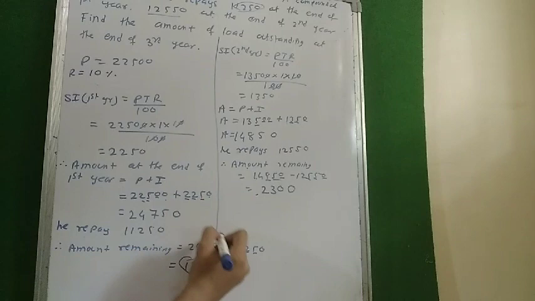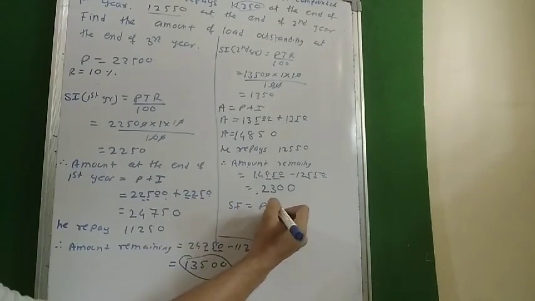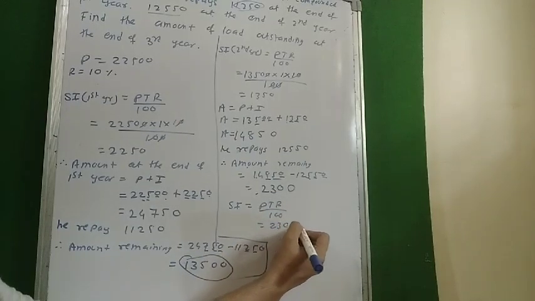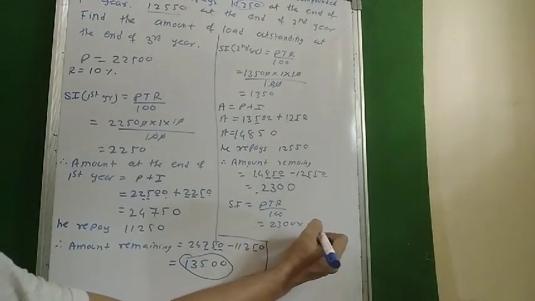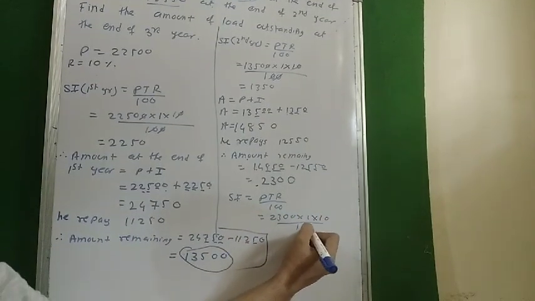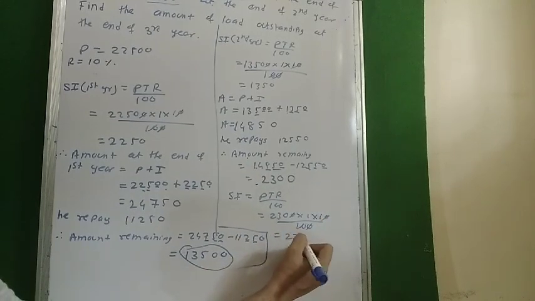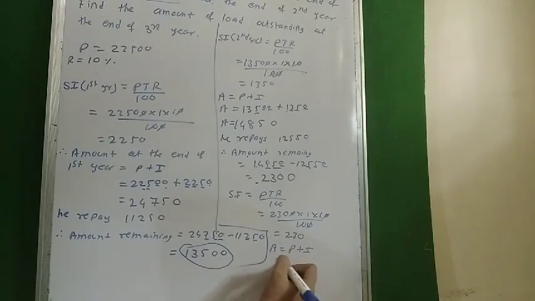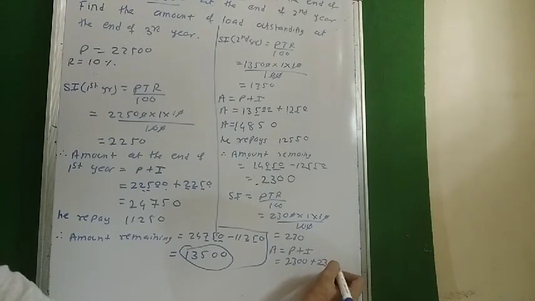So let's find the simple interest first. The simple interest is equal to PTR upon 100. Principal is 2300, the remaining amount which is to be paid, time is 1 year and rate is 10 upon 100. So 0 0 cancel, 0 0 cancel. We have 230. Therefore, the amount is principal plus interest. 2300 plus 230.